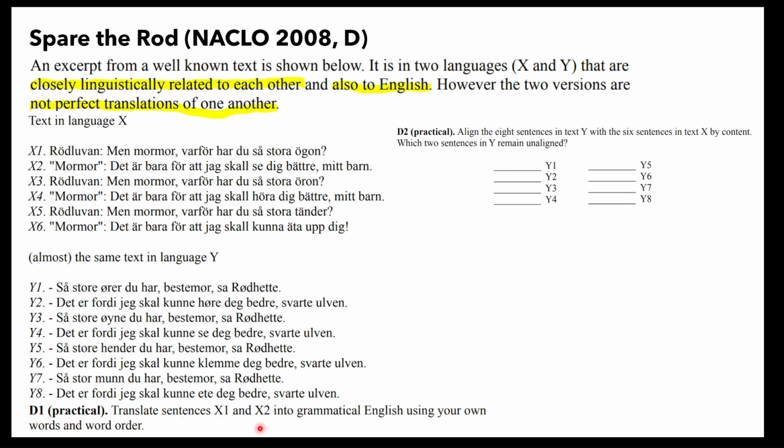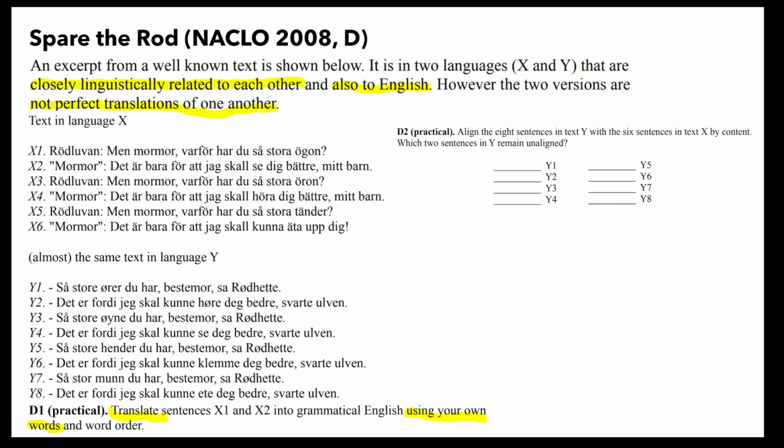Translate sentences X1 and X2 into grammatical English using your own words and word order. So this is a translation problem and we have to use our own words. This is going to take a much deeper understanding of this text to carry out. So let's read what the other problem is.